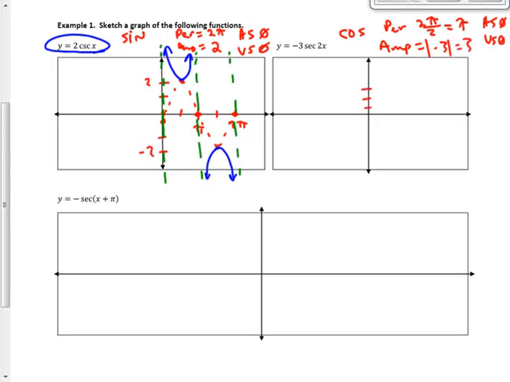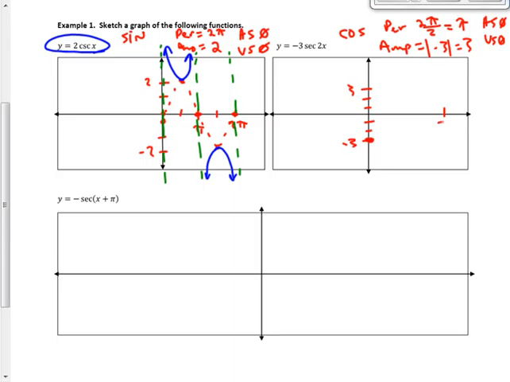So this is going to go up 3 and down 3, and it's going to start down here. I'm going to put that point there because it's got that negative in front, which reflects. That's one of the things that I forget as I go through here. The period is not 2 pi.